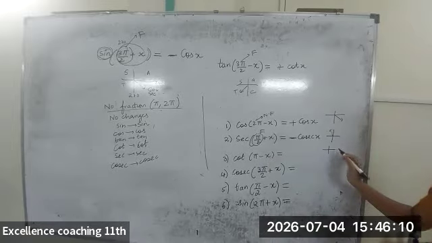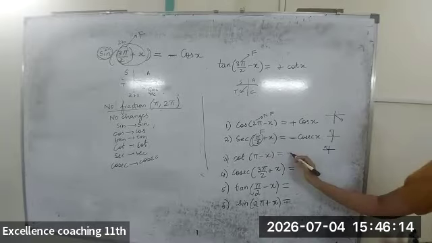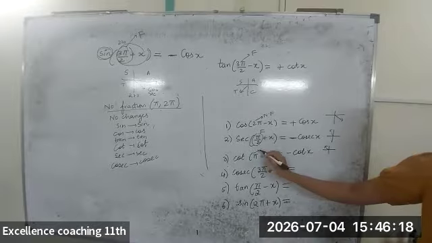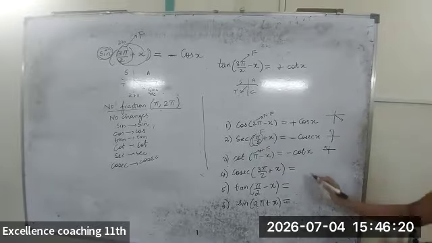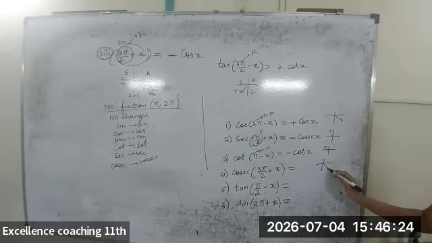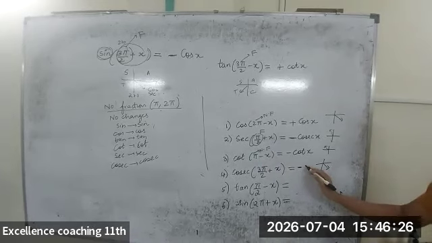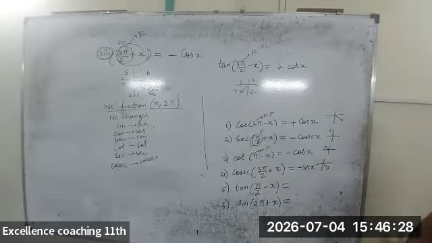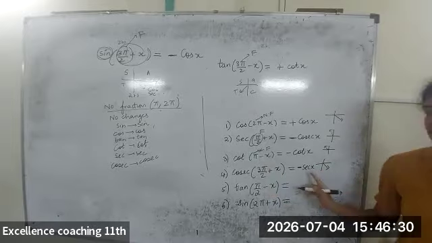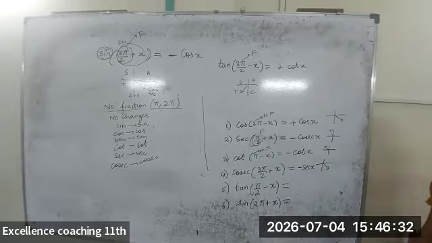This is again second quadrant, minus, cot will remain as cot because it is not a fraction. Cosec of 3 pi by 2 plus x, fourth quadrant, so minus. Since it is a fraction, it will become sec.